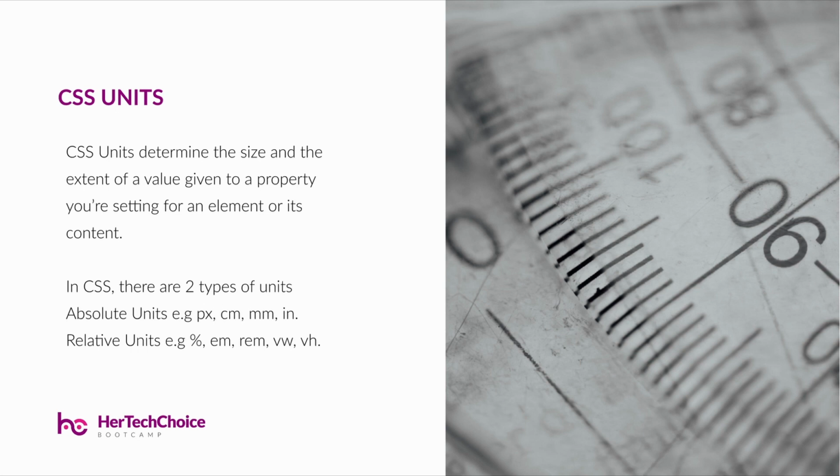For example, if you give a particular element 4 pixels and you style another property using ems, whatever value you give that particular property at that time is relative to the font size that you've given the parent element of that element. These things will become clearer when we begin to practicalize all of these things and we use them in our codes.